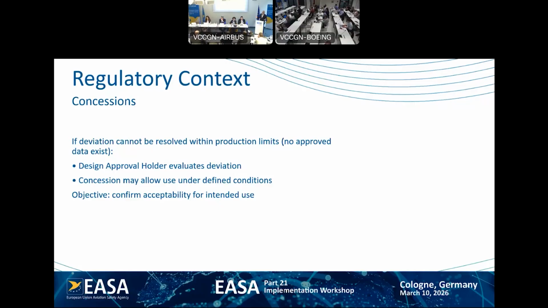Essentially, to accept the part for the intended use. Because the intended use is sometimes important to be known by the design approval holder or applicant to make an appropriate decision. So there is a difference whether the part has to fly or not. If it is for a ground test, developmental test, certification test, you may imagine.